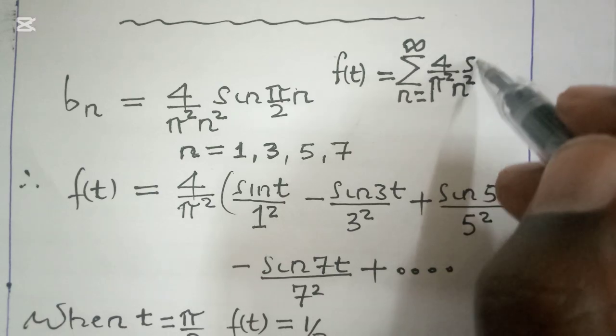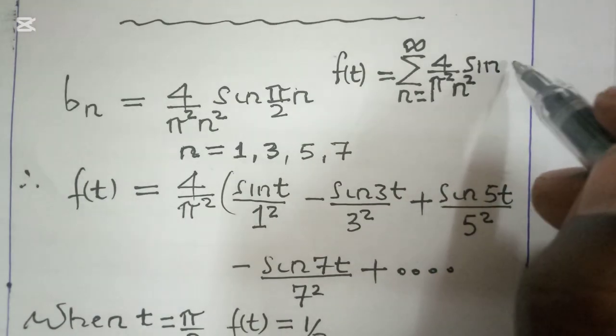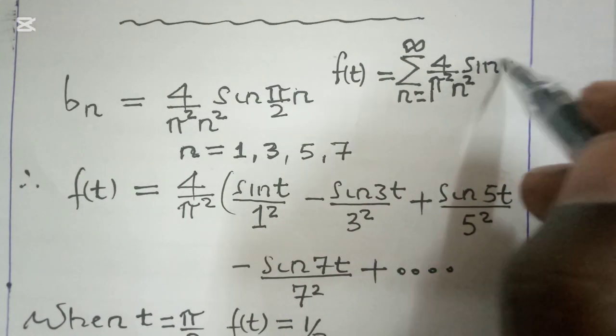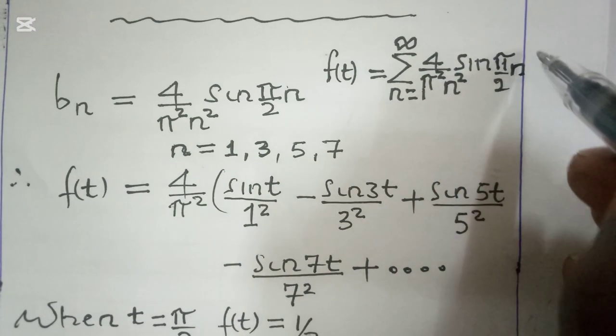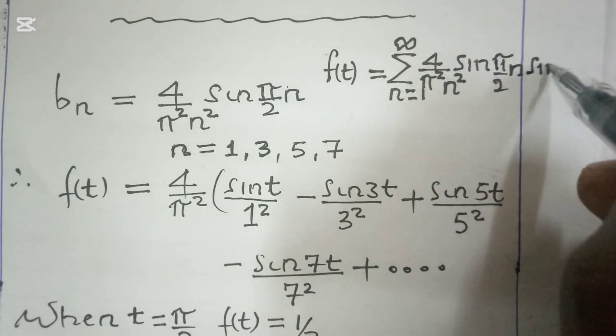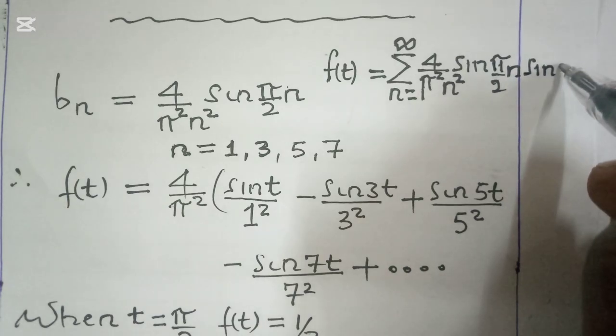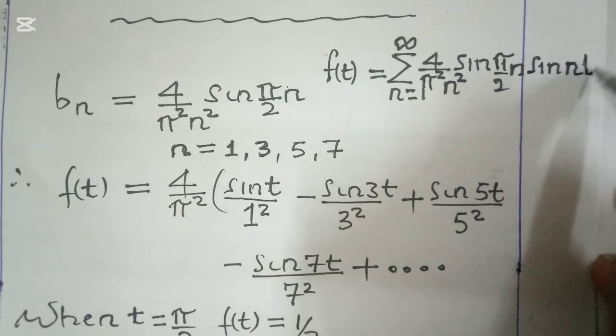We have sine pi over 2 n. Guys, we now multiply by sine n t, like that.